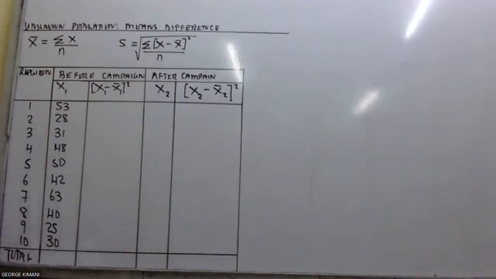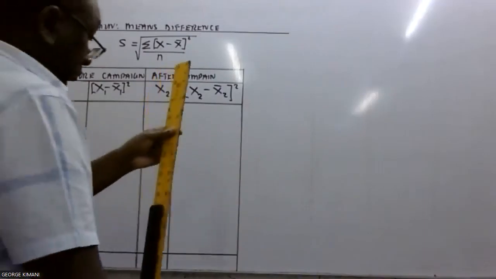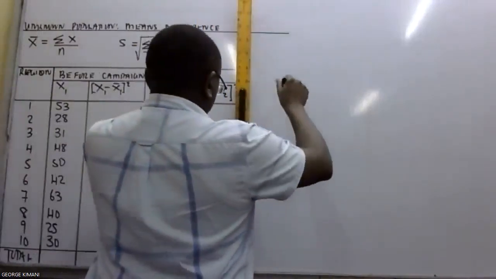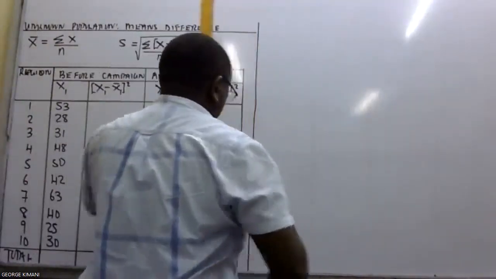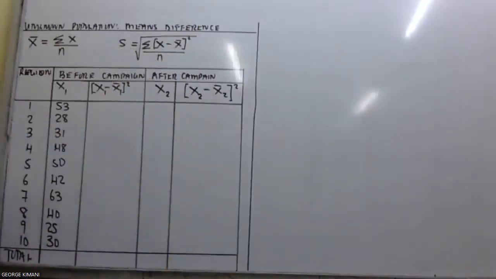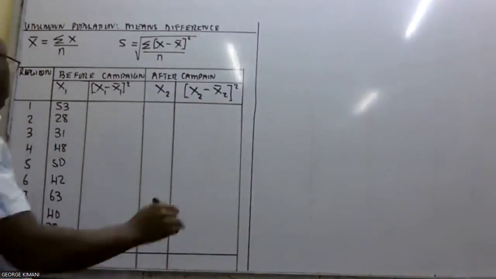Maybe we can first of all deal with the one so that you're able to complete the other one on your own. The total is 410.